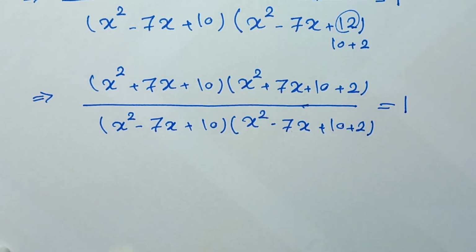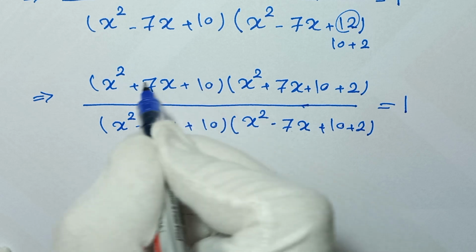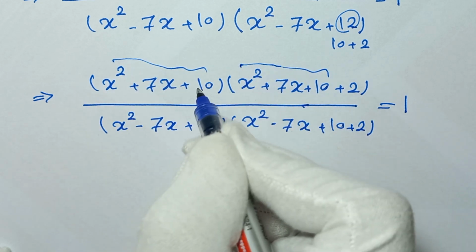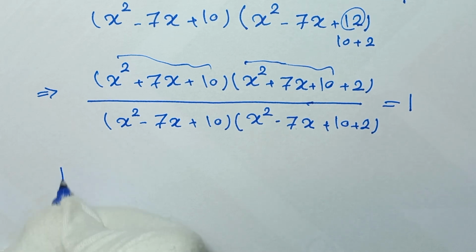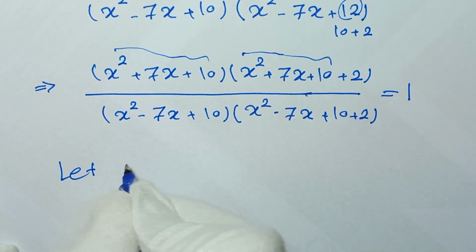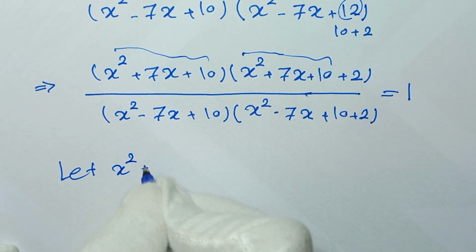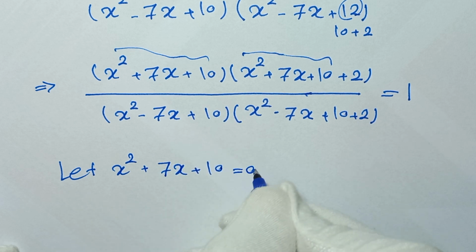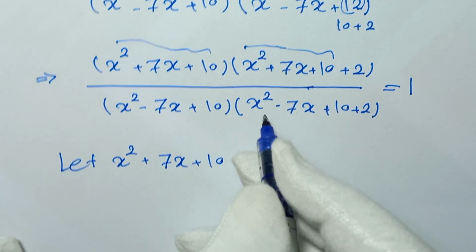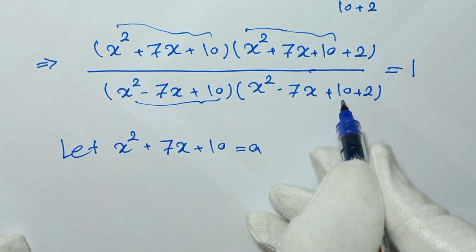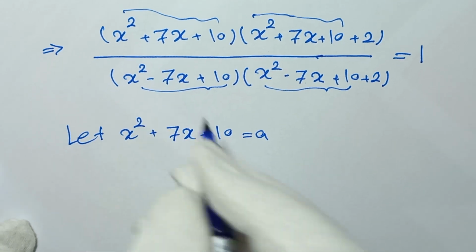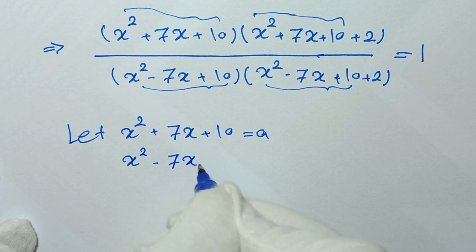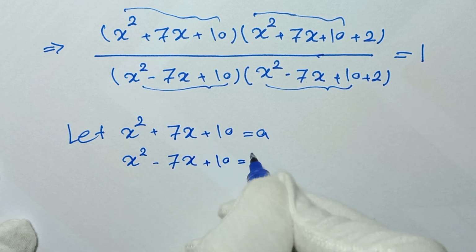In the numerator, this part and this part are common. So let x squared plus 7x plus 10 be a. And for the denominator, this part and this part are common. So we let x squared minus 7x plus 10 be b.